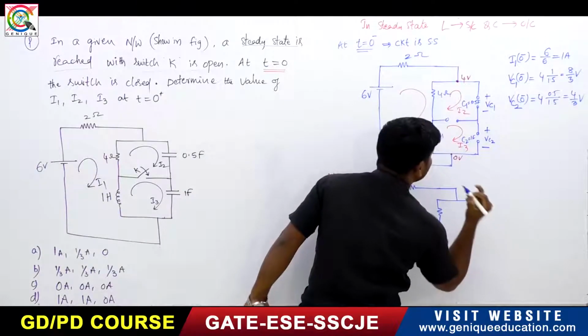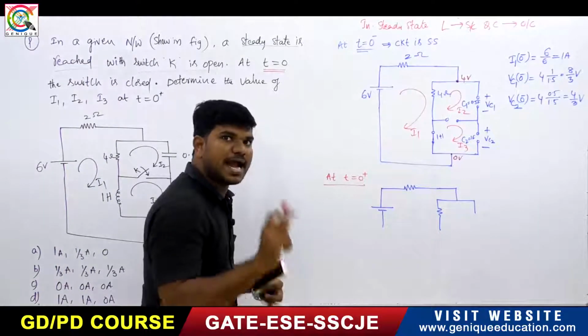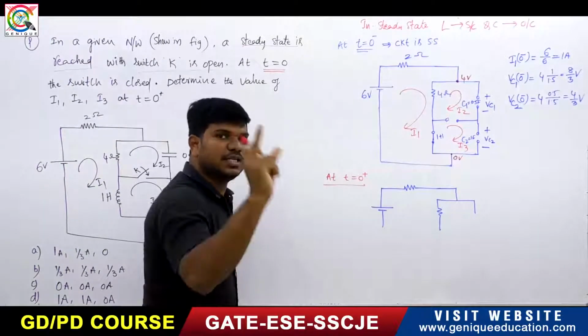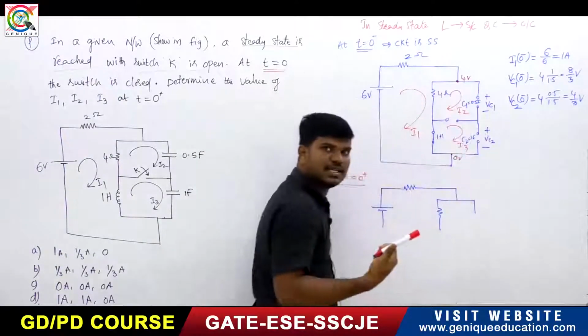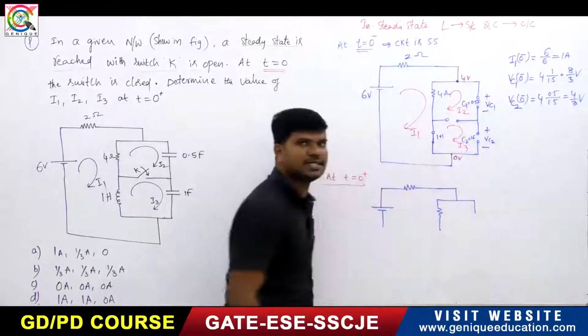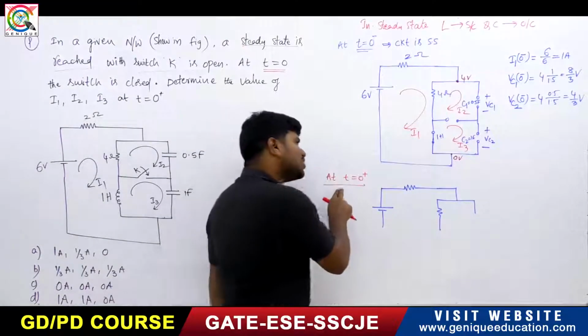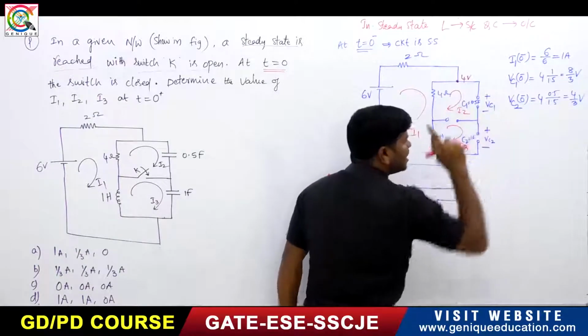Now what about this? At t equals 0 plus, the inductor is energized, right? If the inductor is energized, the capacitors are also energized. So at t equals 0 plus, we have an energized inductor and energized capacitors. Why is it energized?